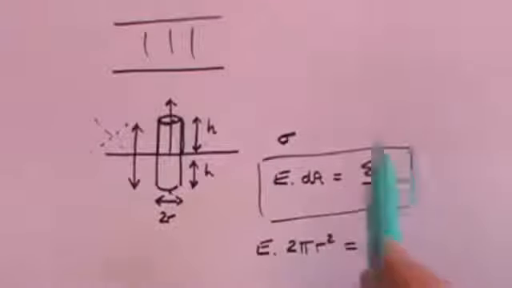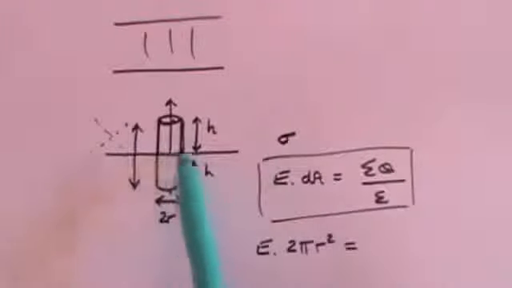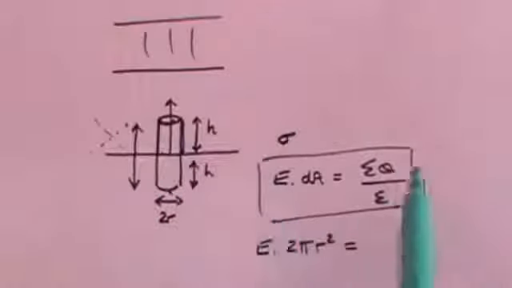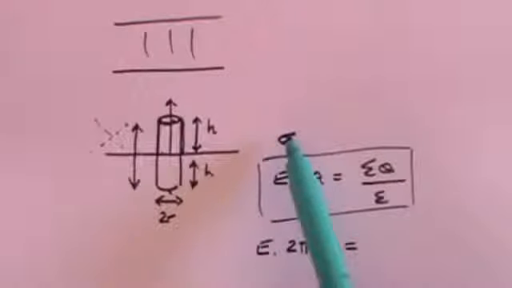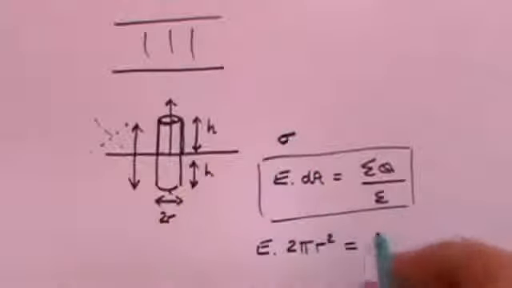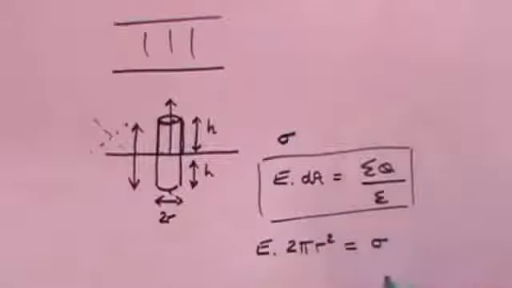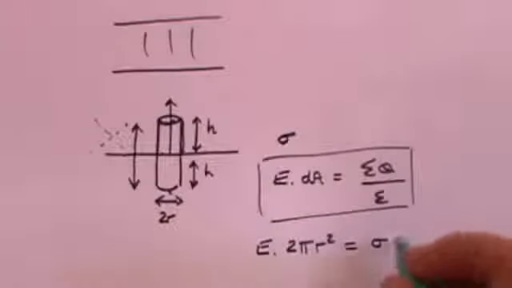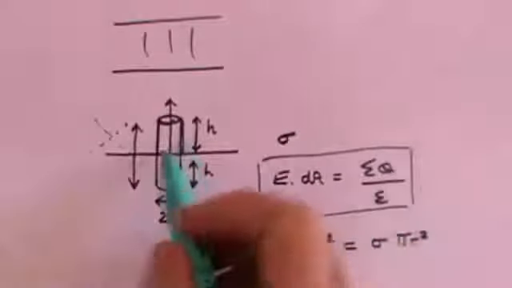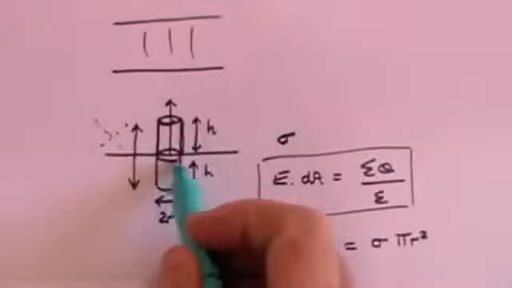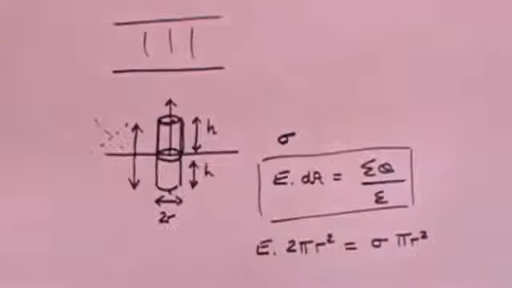What is the charge within that cylinder? Well, it's going to be the charge per unit area times the area. The charge per unit area, we've said, is sigma, and the area is going to be pi r squared, because that's the area of the charge on the plate inside the cylinder, divided by epsilon.